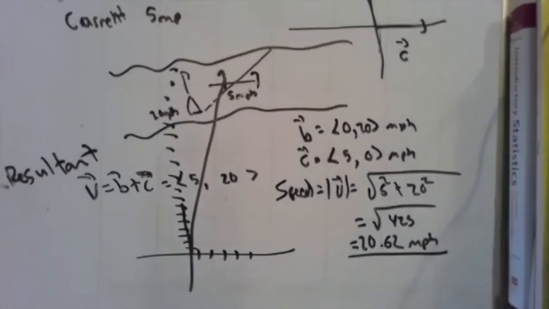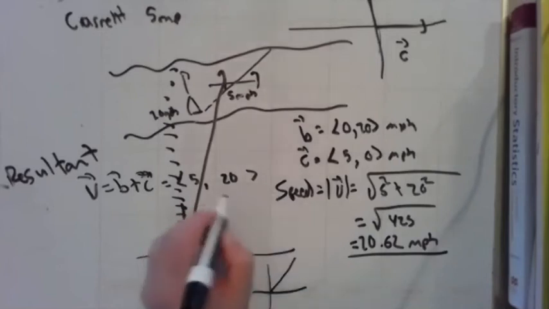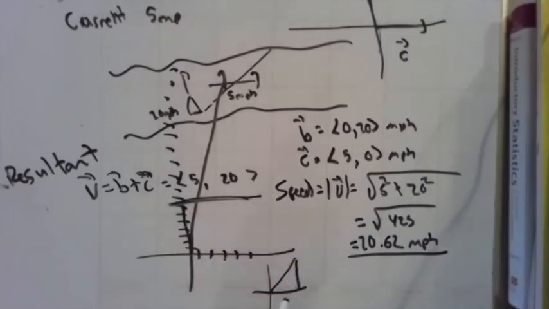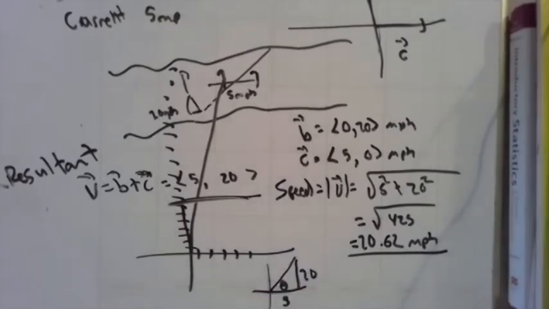Now let's find the direction. So again, we have this vector here. Here's my net vector, 5, 20. The x component is 5. The y component is 20. Let's find that angle right there. Forget about formulas. Don't memorize formulas. Just use your trig that you know.